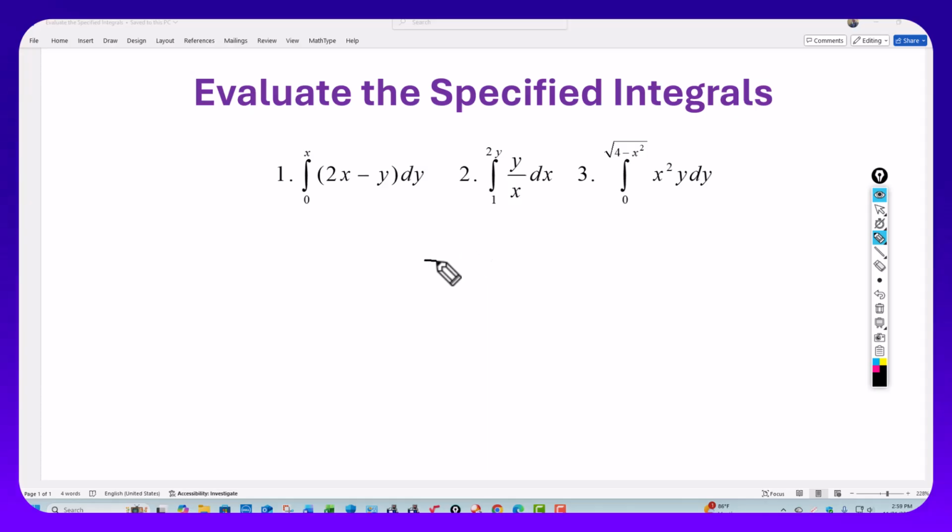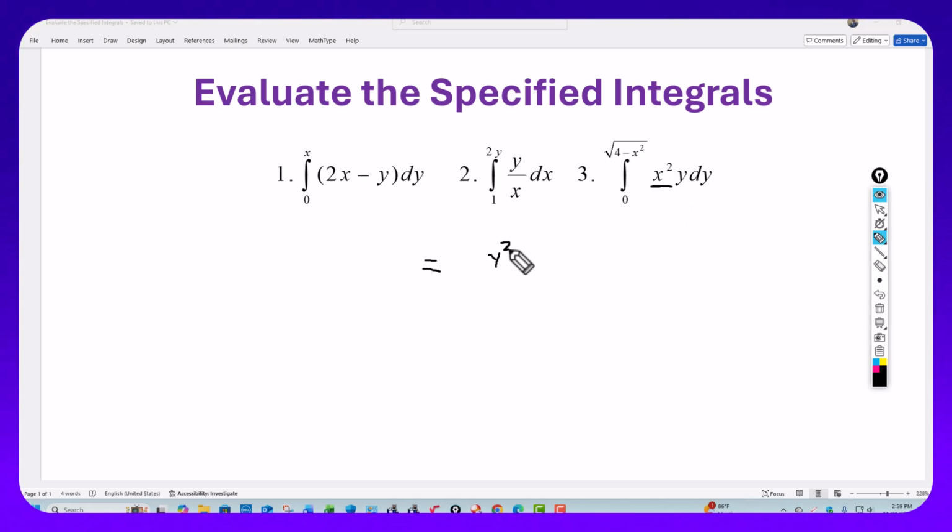Okay, for the third one, integration is with respect to y again. So the x squared in this case is a constant. The limits of integration go from y equals 0 to y equals the square root of 4 minus x squared. So let's integrate. Integrating with respect to y, add 1 to the exponent.